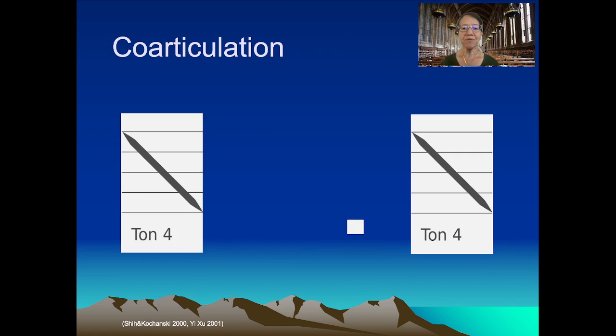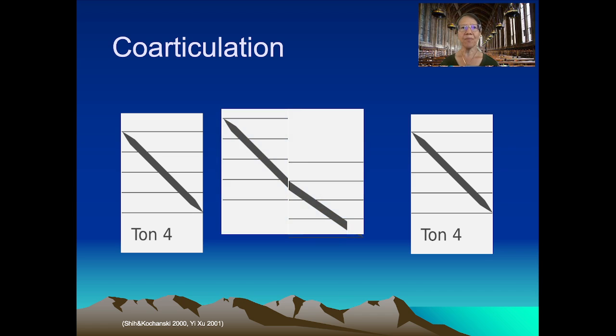So what do we do? We actually end up producing a modified version in sequence, where we might start our first tone 4 higher, and our second one then starts at a lower pitch and still continues to fall.